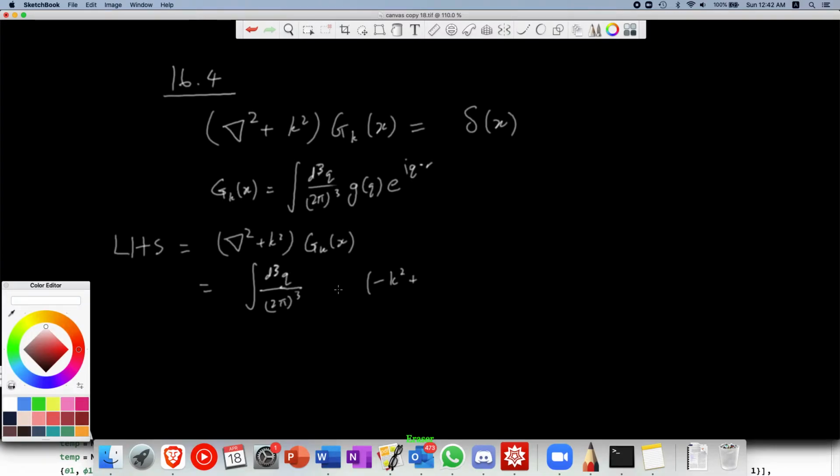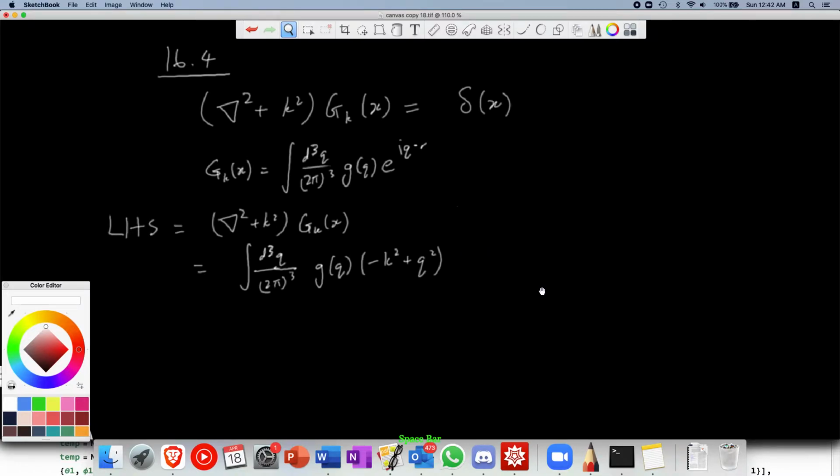Let's use q instead. So d3q, g of q, e to the power of iq dot r, multiplied by minus q squared plus k squared.